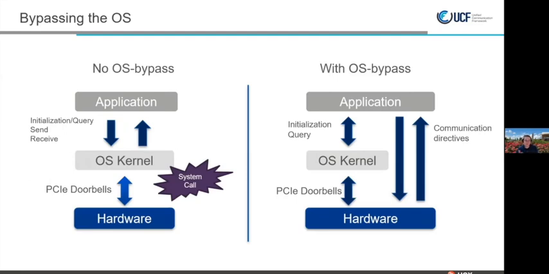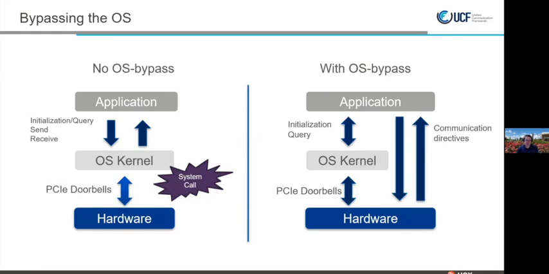So just to review, if we say OS bypass, really we're talking about two different scenarios. There's something that might be like a legacy, non-RDMA type transfer, and on the left-hand side we're showing an instance of that. In that case, you're doing an initialization, a query, then you're doing some kind of send receive operation, and you're interacting with the operating system and with the driver on most of these send receive type operations.